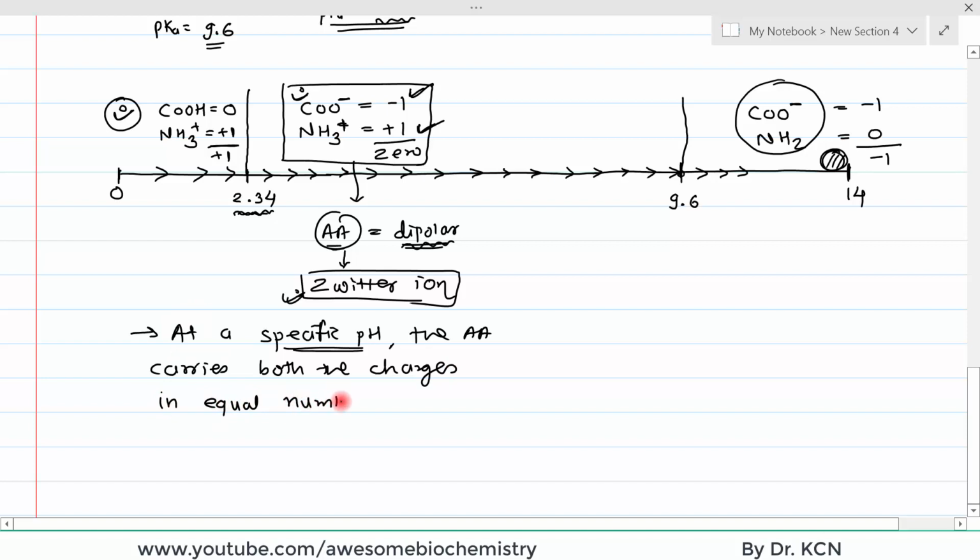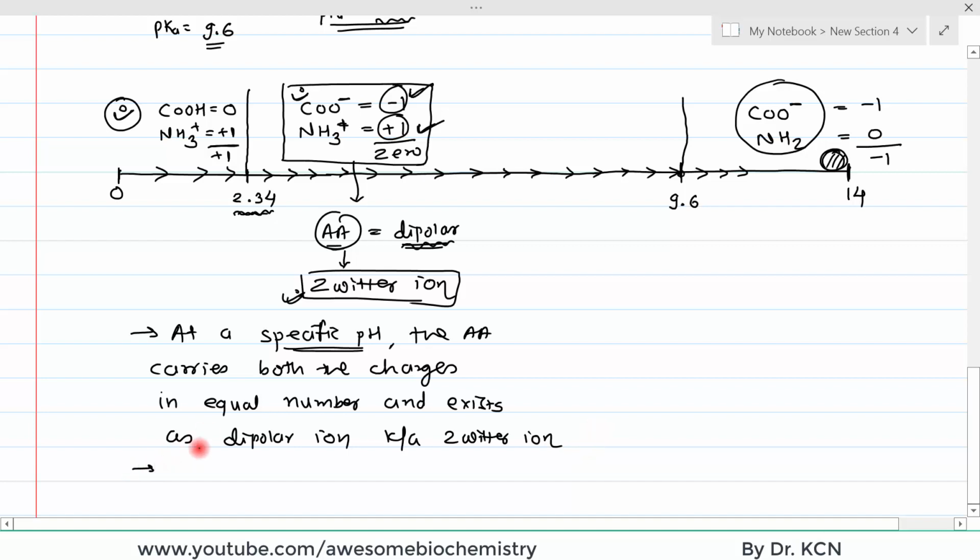In case of glycine, it is minus 1 and plus 1, right? And exists as a dipolar ion. Why dipolar ion? Because on one pole it is negative charge and on another pole it is positive charge, okay, which is known as Zwitterion.